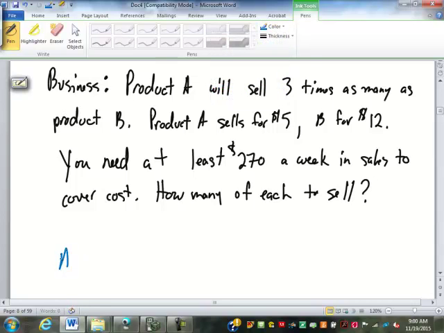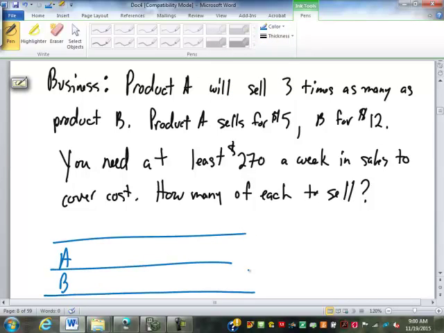So I've got product A and product B. One of the things I need to express is the number sold. Again, I could call that A and B, but that doesn't help much. So what I can do is this. If I let B be X, why would I let B be X instead of A?